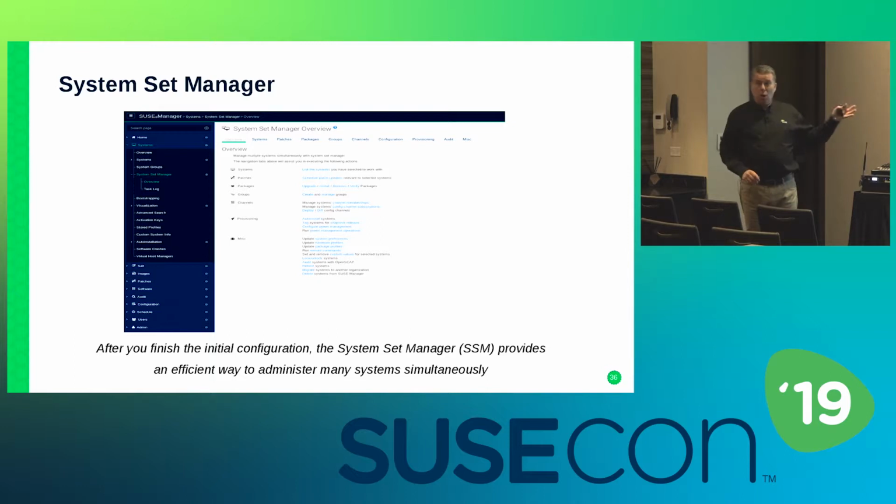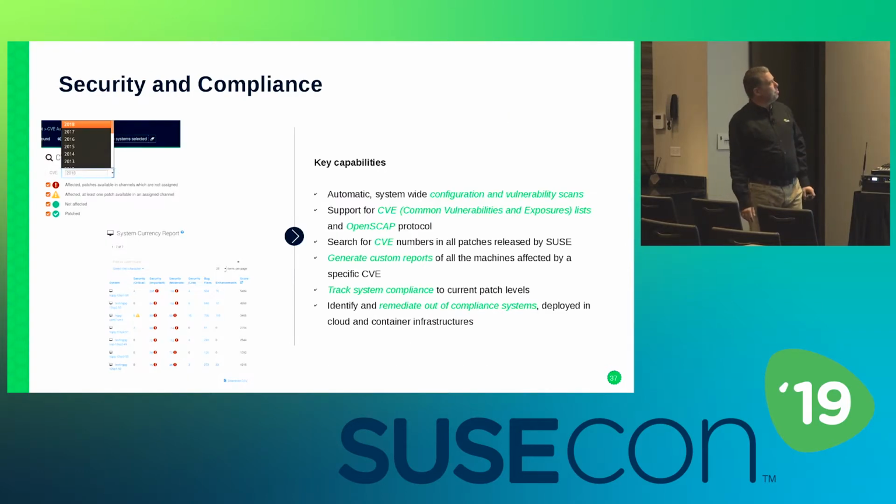So I can patch in one go a Red Hat box, a Ubuntu box, a SUSE box, a SAP box, different OS versions, and three different types of tills. I can patch them at the same time. I just say patch to the latest version. SUSE Manager figures out which patch goes to which machine, right? That is like 5 clicks in System Set Manager, and it's up and running. That's the power of the System Set Manager.